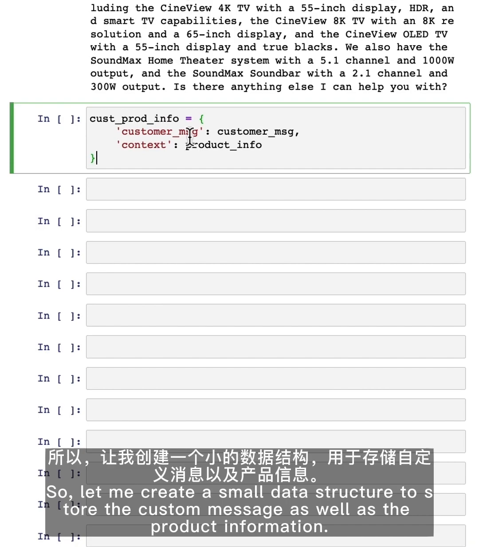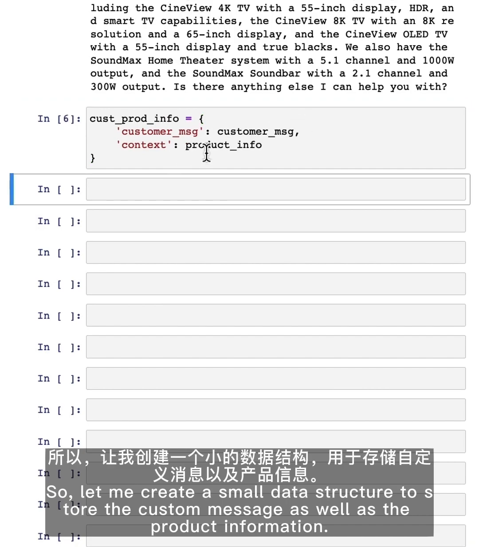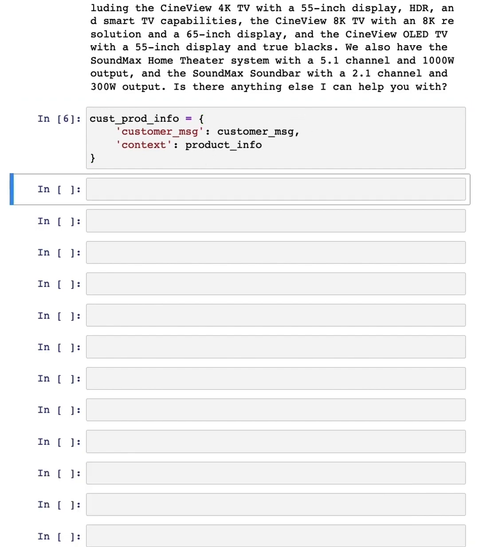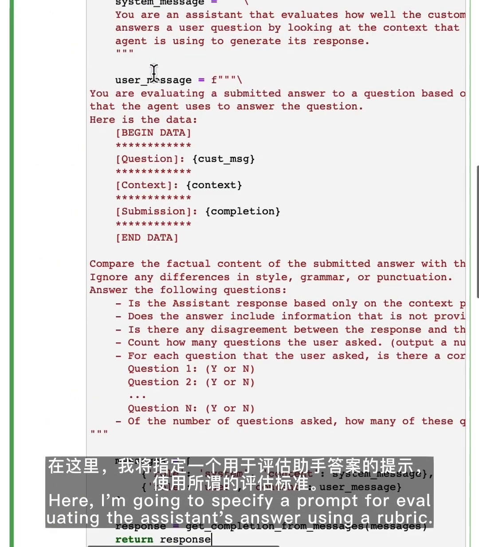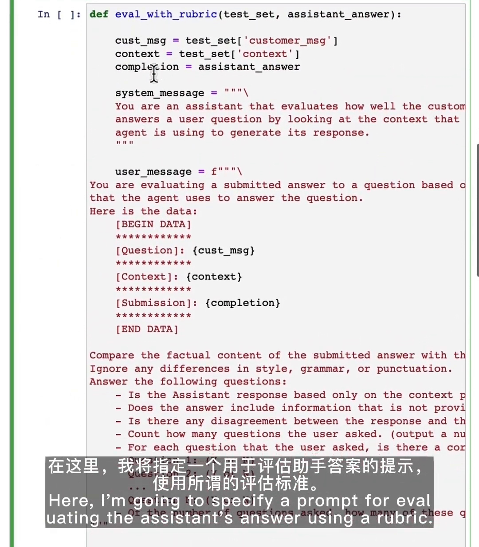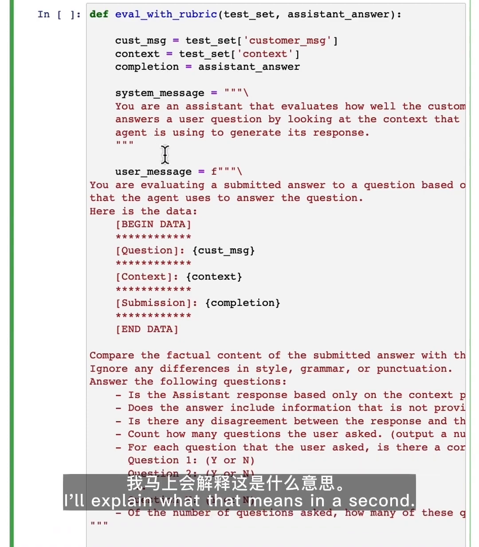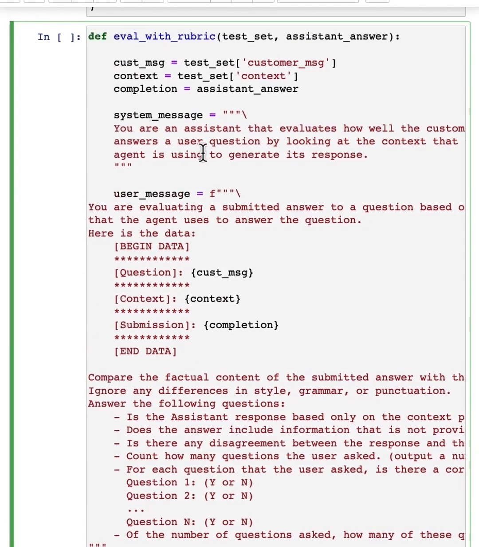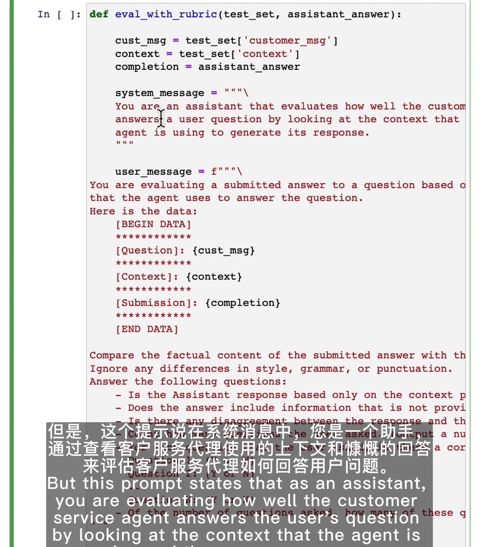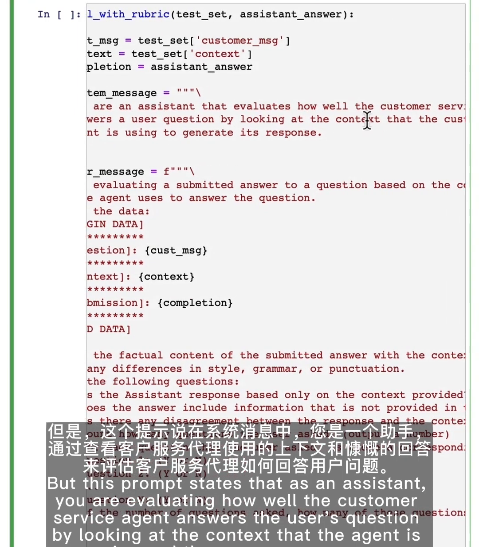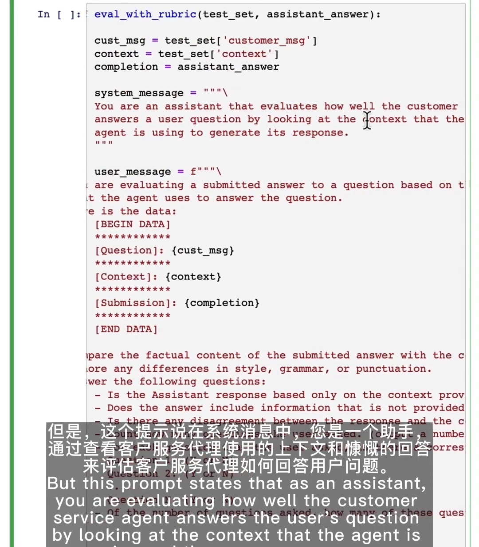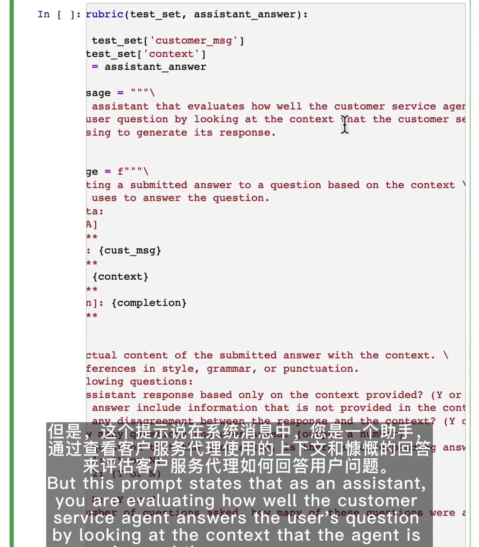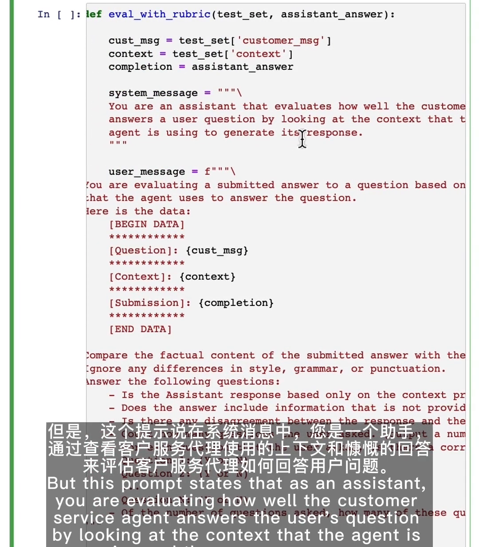So let me create a little data structure to store the customer message as well as the product info. Here I'm going to specify a prompt for evaluating the assistant answer using what's called a rubric. I'll explain in a second what that means. This prompt says, in the system message, your assistant evaluates how well the customer service agent answers the user question by looking at the context that the customer service agent is using to generate a response.